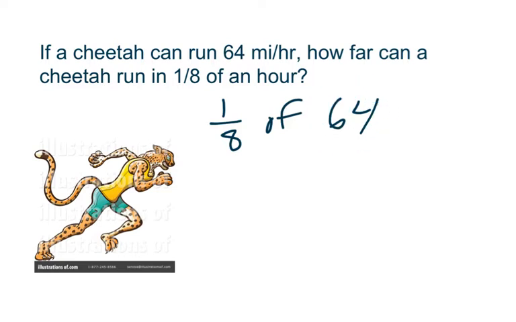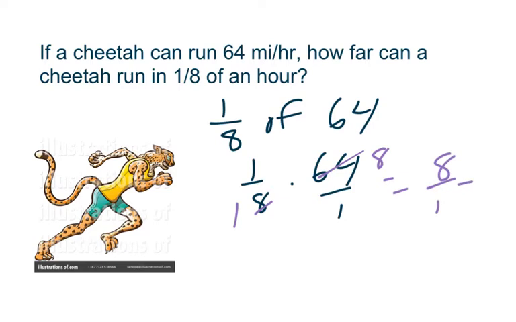So that's the quick way to do this one. So 1/8 of 64, we would just do 1/8 times 64 over 1. And then 8 and 64 have a common factor of 8. 8 will go into 8 once, 8 will go into 64 8 times, and we get 8 over 1, or 8 miles.